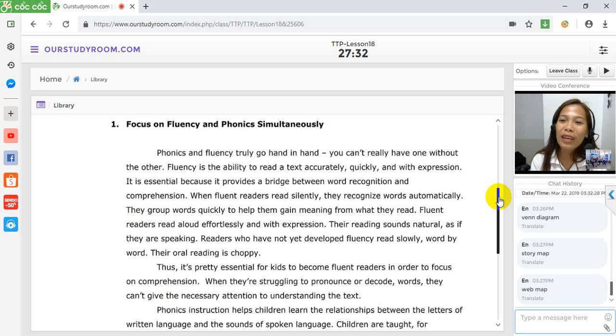Just like Vietnamese: when you were a child, your mom or your dad taught you the sounds before you said the word. It's just the same with English or any other language. You teach the sound before the word. Very good, Teacher Anna.